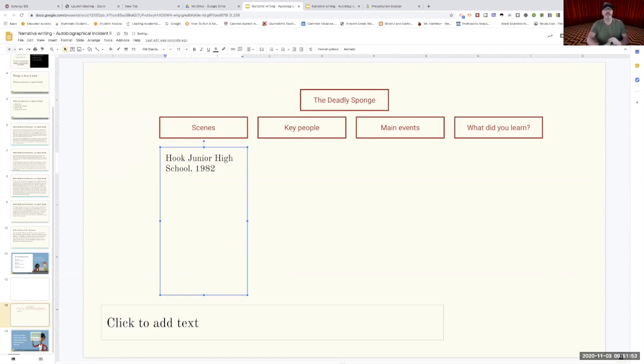Woohoo! 1982. Man, I used to take a covered wagon to school. It's crazy. Let's see, what does that classroom look like? So we had a lot of 80s clothing.